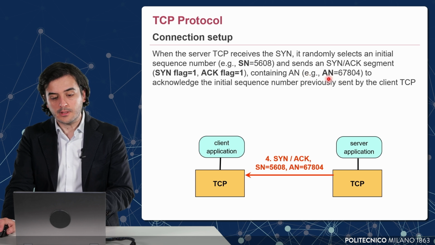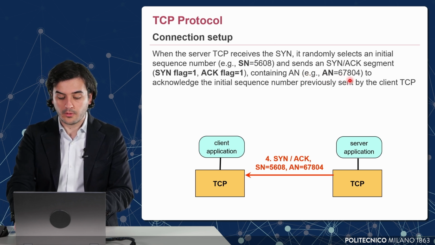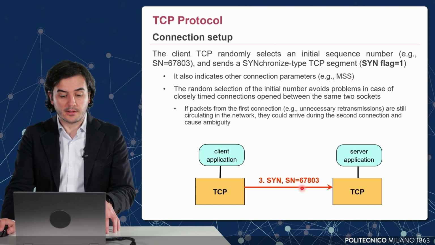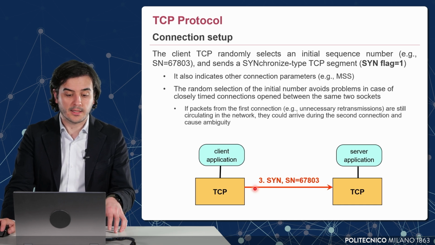As you can notice, in this case the AN is 67804, which is one number higher than the previous sequence number that was sent by the client, which was 67803.